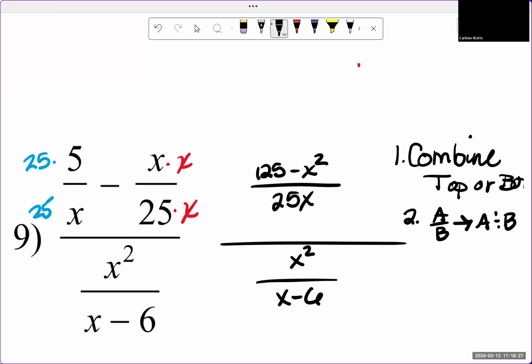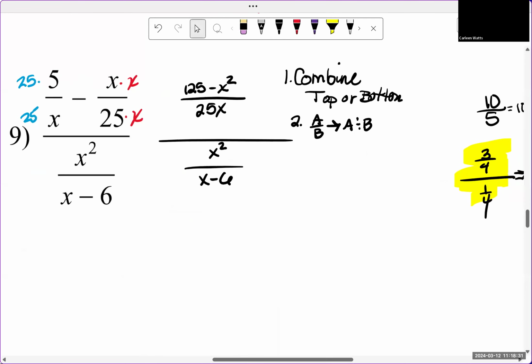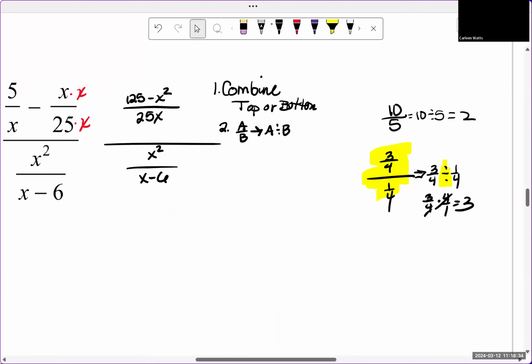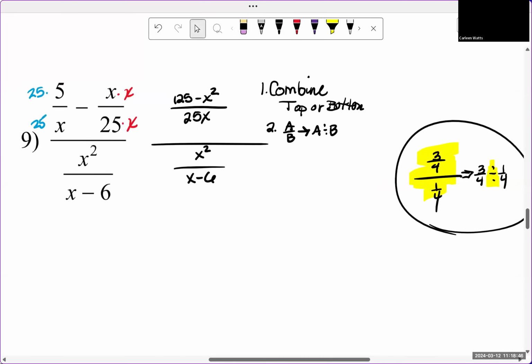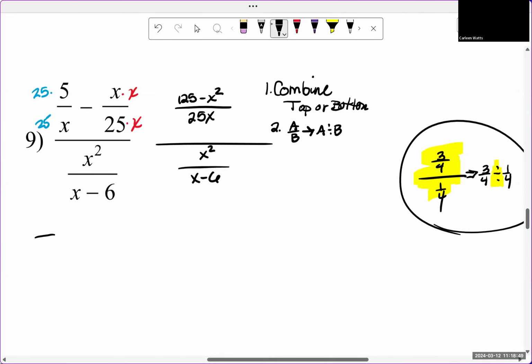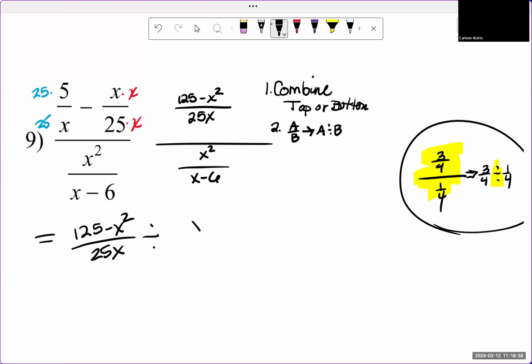You just introduced new variables. So now I'm going to rewrite it. So this is going to become 125 minus x squared over 25x divided by x squared over x minus 6.